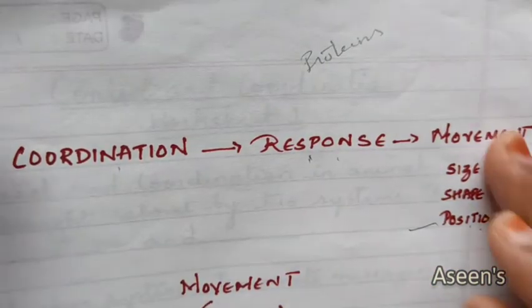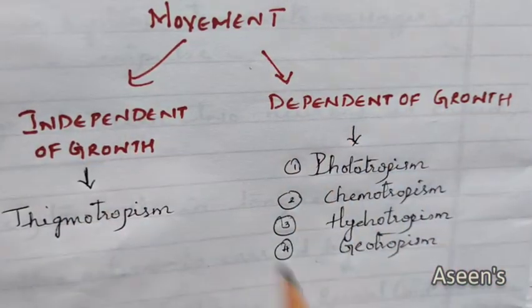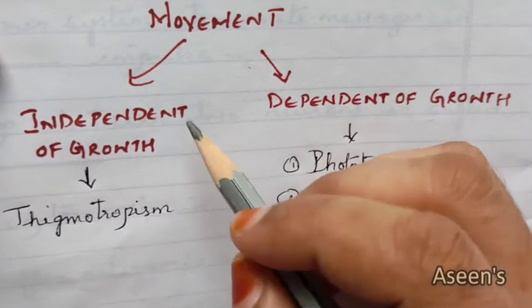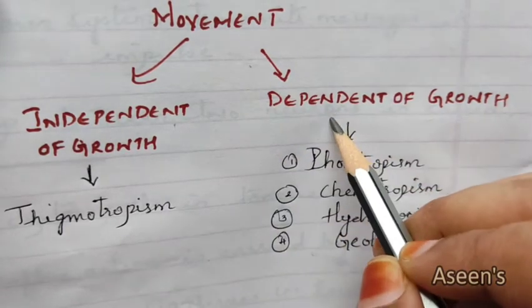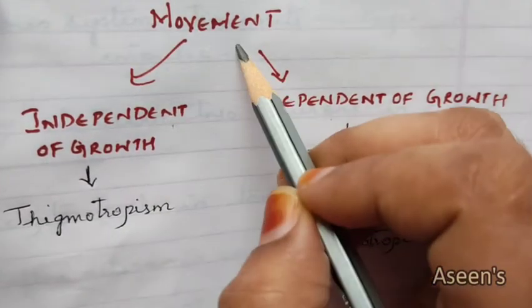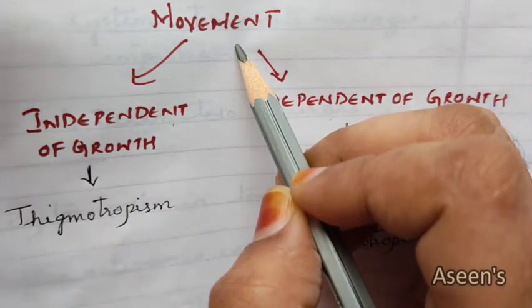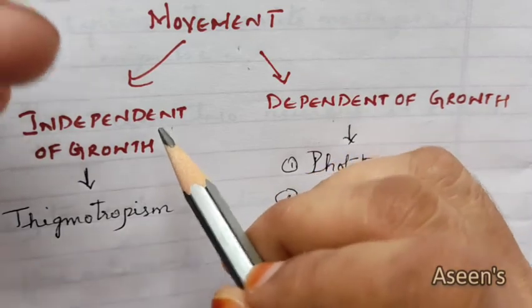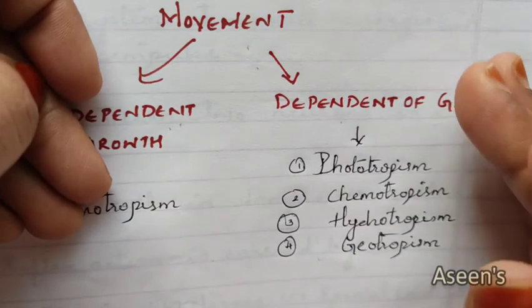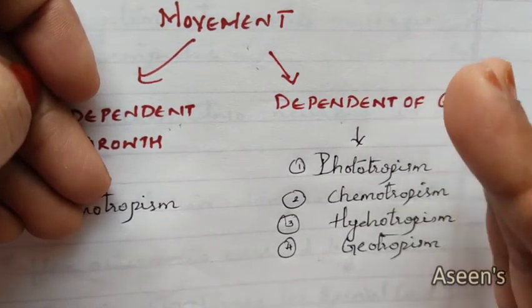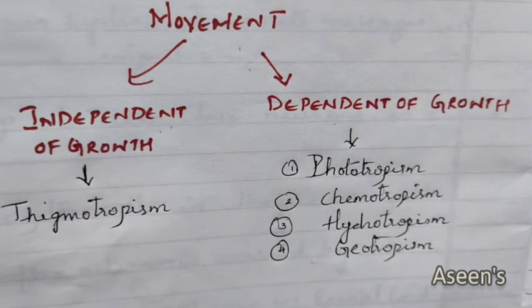Now, regarding movement, in case of plants we are talking about here, movements are of two types. It's either going to be independent of growth or dependent on growth. That means if the movement is happening without growth, meaning growth has nothing to do with this particular movement, it comes under independent of growth, and the movement which is brought about with the help of growth comes under dependent on growth.